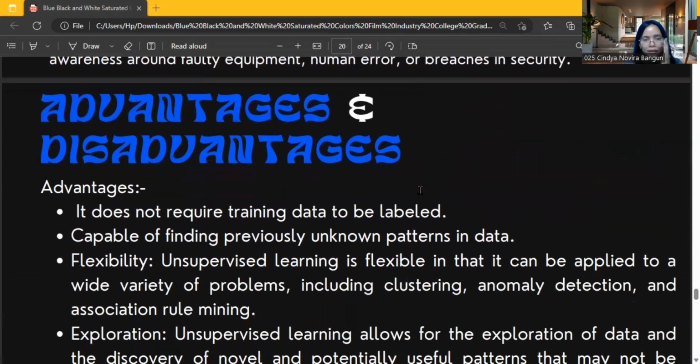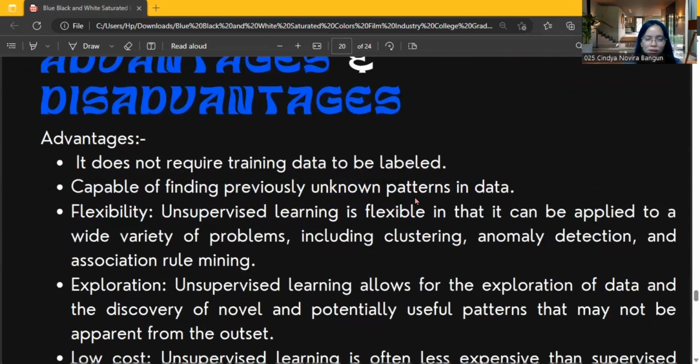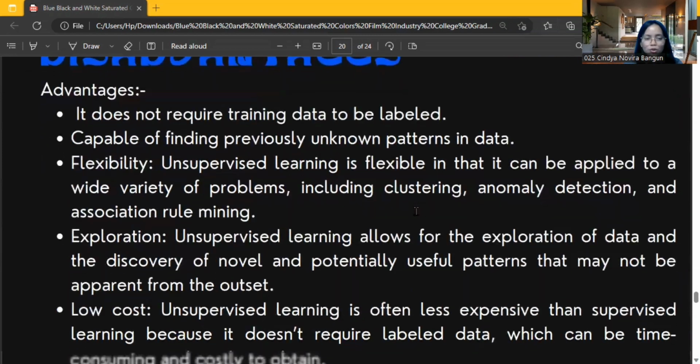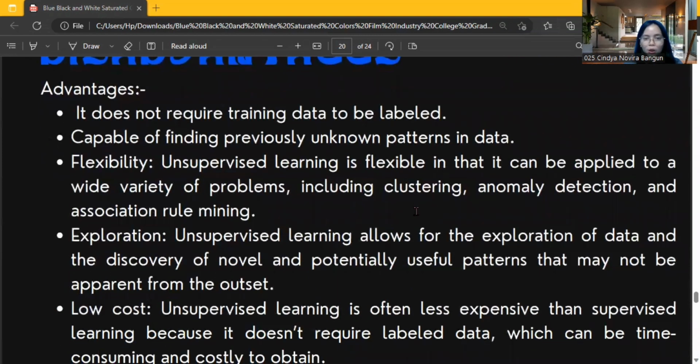Advantages and disadvantages of unsupervised learning. Advantages: 1. It does not require training data to be labeled. 2. Capable of finding previously unknown patterns in data. 3.